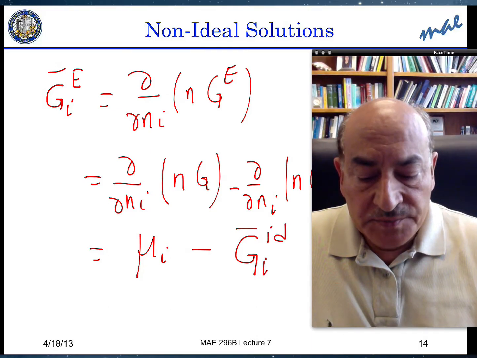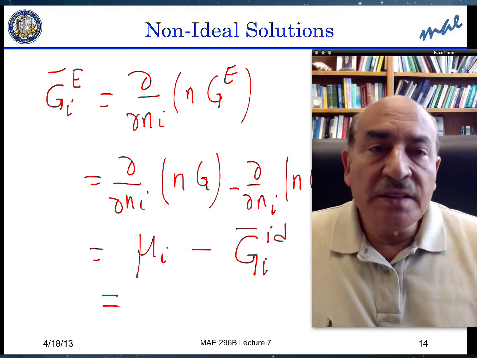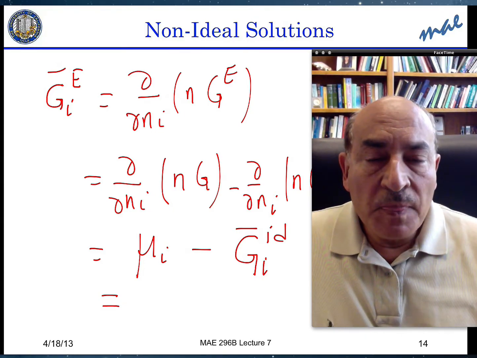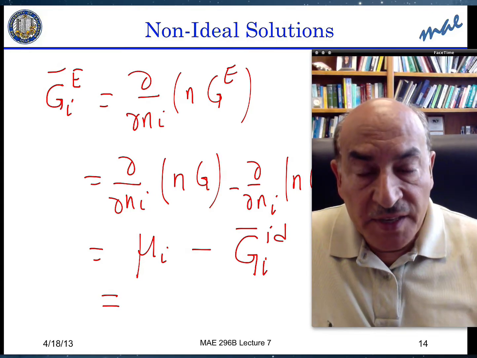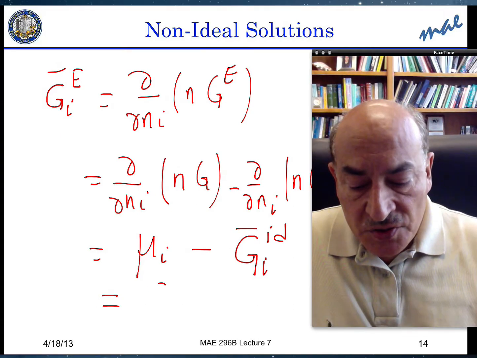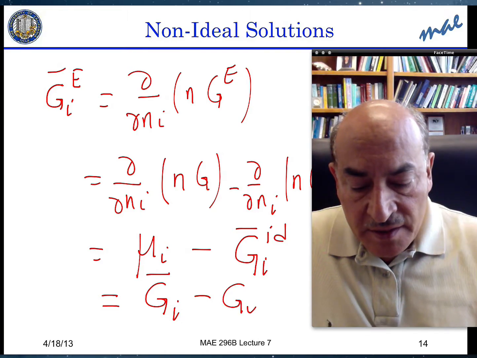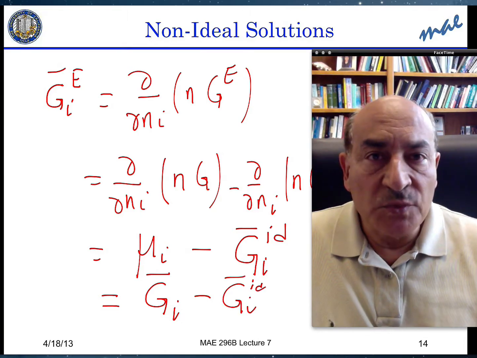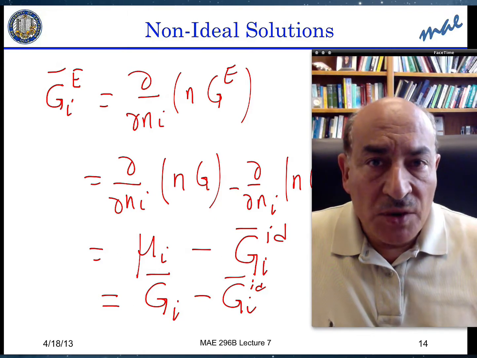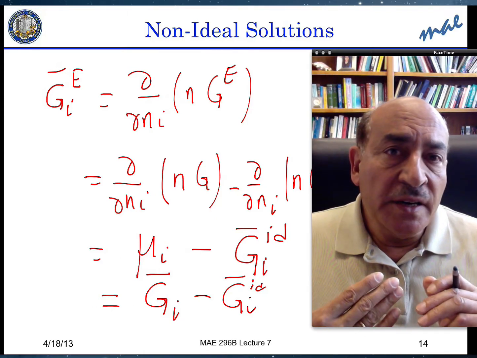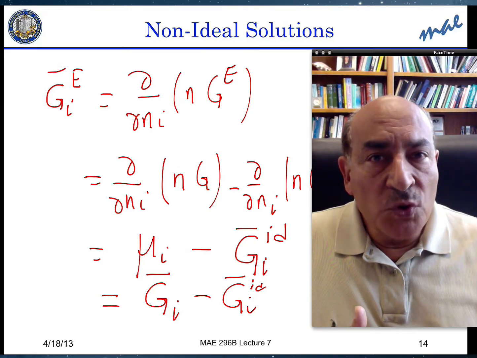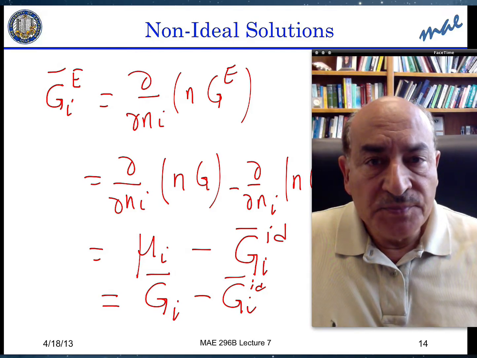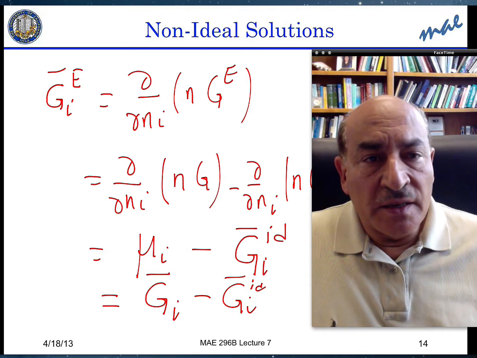Also, we can give the first term another symbol, which is the partial molar free energy of element I. So this will be Gi partial molar minus Gi ideal partial molar. And therefore, we see that the chemical potential is the same as the partial molar Gibbs free energy. Both of them are interchangeable.